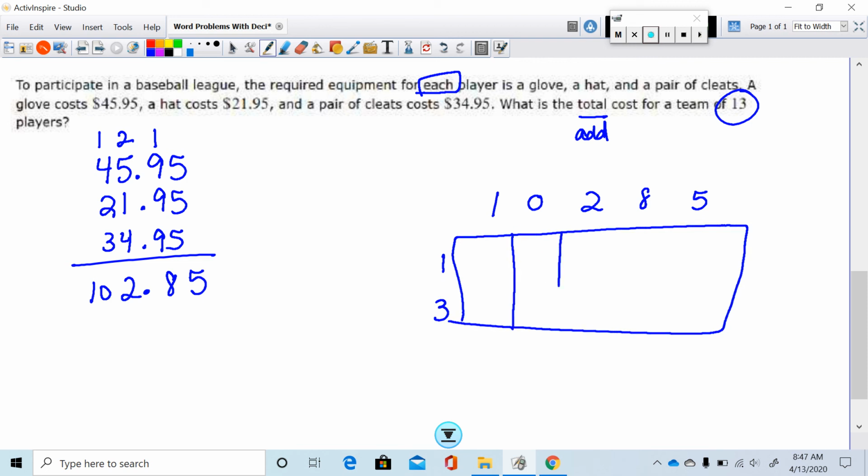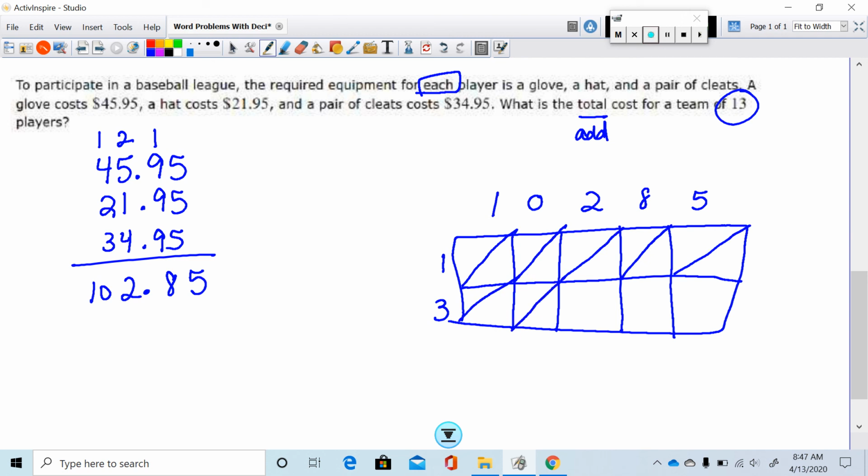Separate them with horizontal and vertical lines. It actually helps for you to make the lines a little bit straighter than I did, the boxes, but that's okay. Okay, separate those with diagonals, just like what we did previously. I like to space my numbers out a little bit when I do this. That's why I changed that 5 and spaced it out a little bit better.